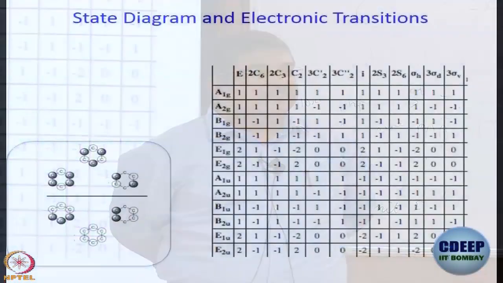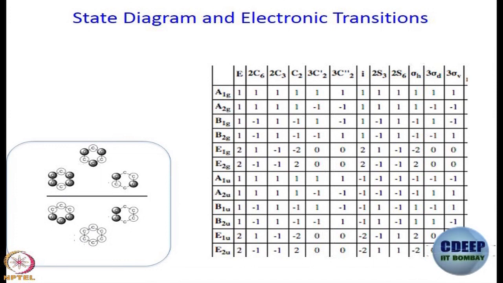What is the symmetry? What is the character for E? 1. What is the character for C6? C6, 1. What is the character for C3? 1. So, for this kind of rotation where there is no conversion from top to bottom of the plane, the character should be 1. So, C6, C3, C2, all these three should be 1, alright.